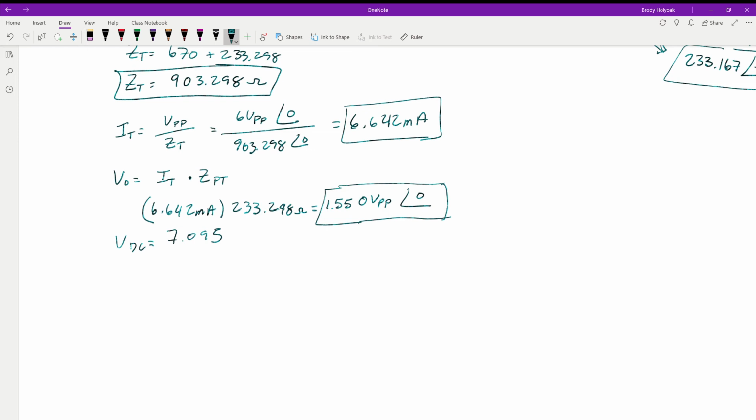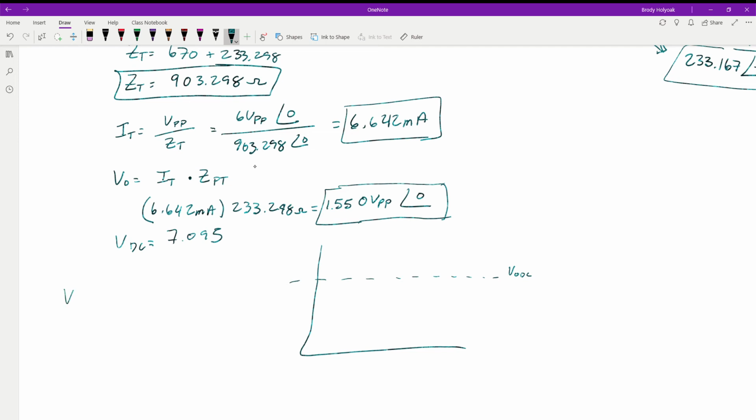So let's look at what our output waveform is going to be. So we have our waveform. This right here is going to be our DC offset, or how much DC voltage we have. So we have V out DC, and then we're going to find our min and our max to be able to plot this.